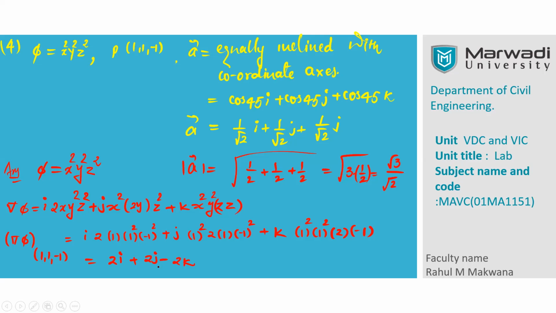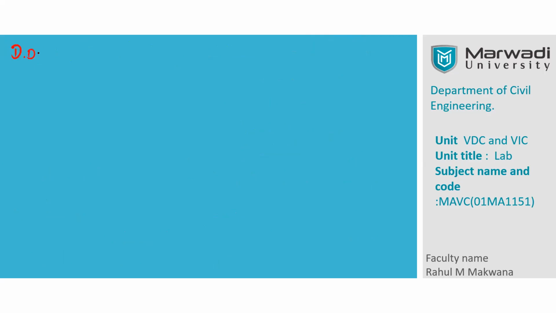Okay, so we have gradient and vector with magnitude. So directional derivative is gradient phi dot vector upon magnitude.